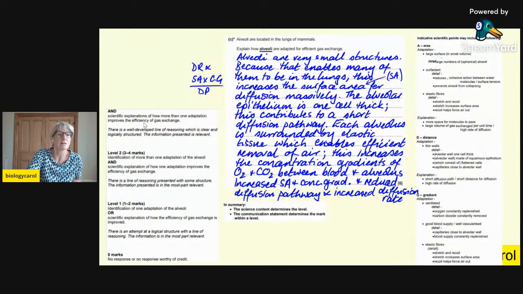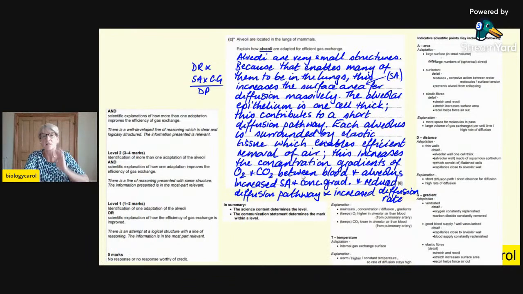Now, I have done that, and there is a well-developed line of reasoning which is clear and logically structured. The information presented is relevant. And I think that that is also the case. So I'm going to give myself 6 marks. You can go through all of these.